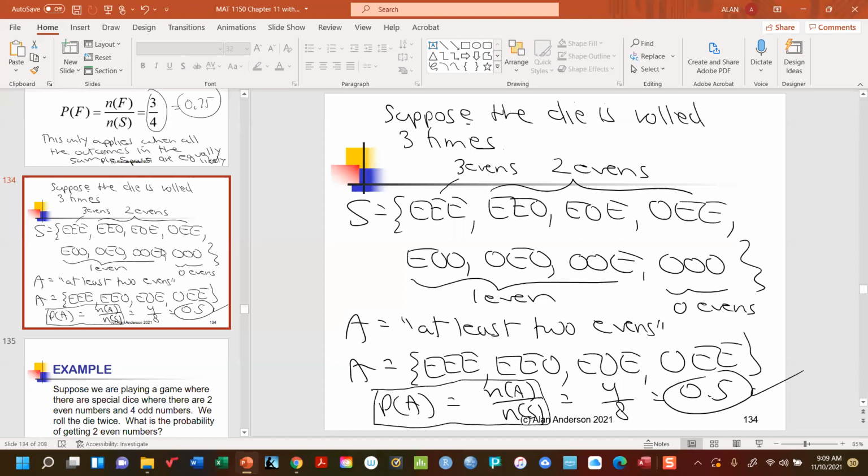So we can calculate the probability of A by adding up the probabilities of triple E, EEO, EOE, OEE, but because these are all equally likely, all we have to do is count up how many elements are in A and divide that by the number of elements in the sample space, which is 1/2.